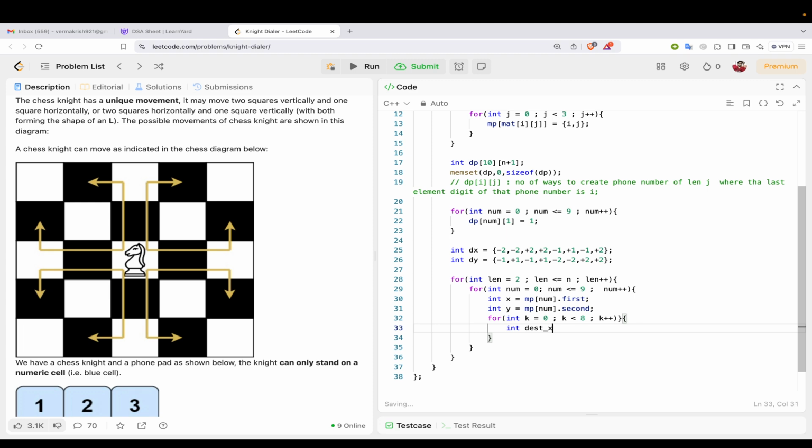Now the destination x, let me write as nx and int ny. So this is destination x and destination y. So destination x is mp of first x, adding dx k, and y adding dy k. Now, this is our new coordinate, but this coordinate can be anything.